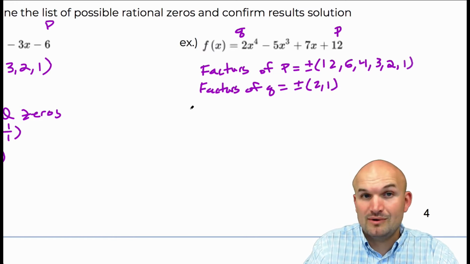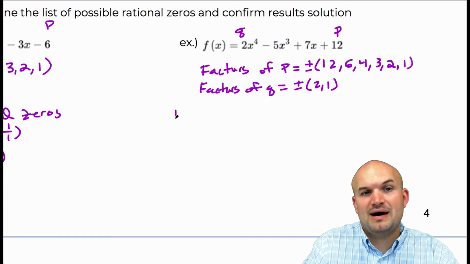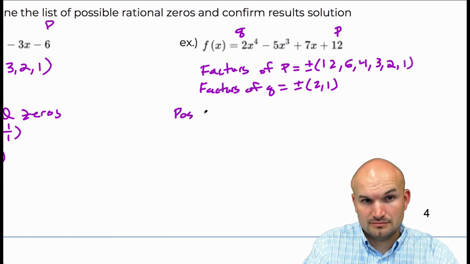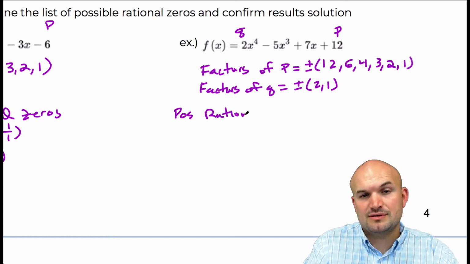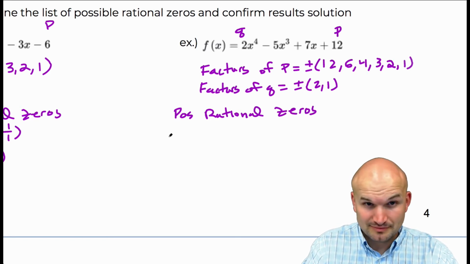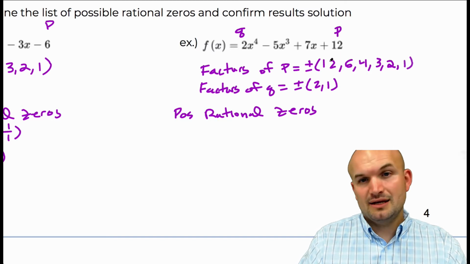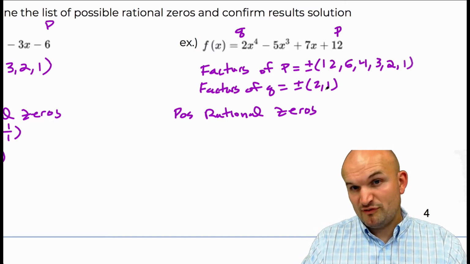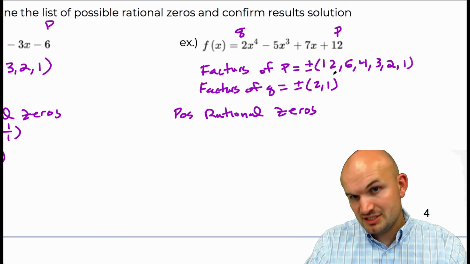All right, so now if I want to list the possible rational zeros, I'm going to basically take 12 over 2, 12 over 1, 6 over 2, 6 over 1.